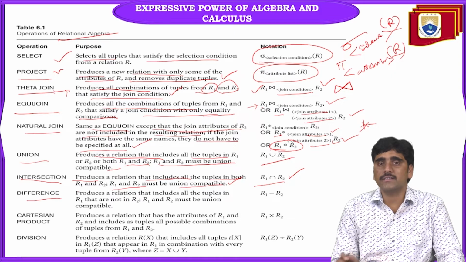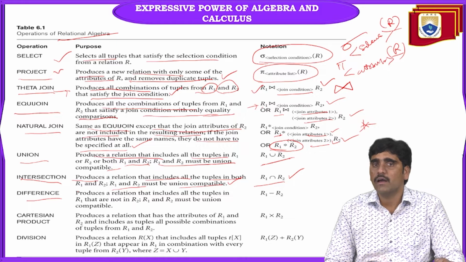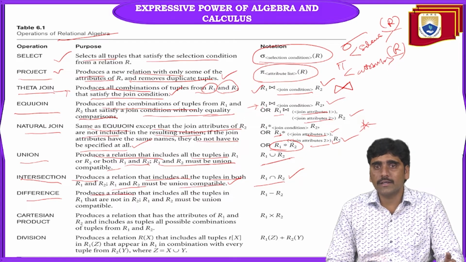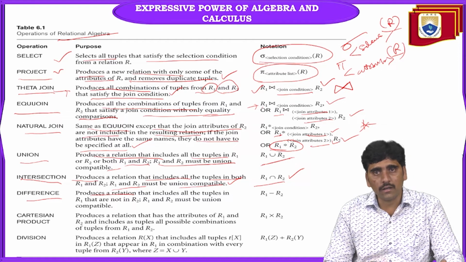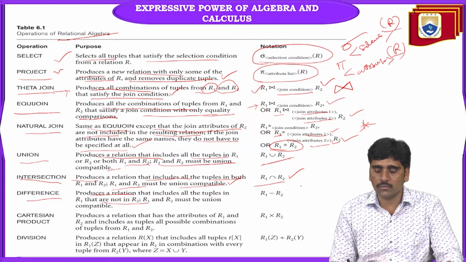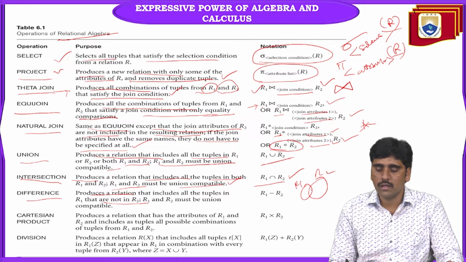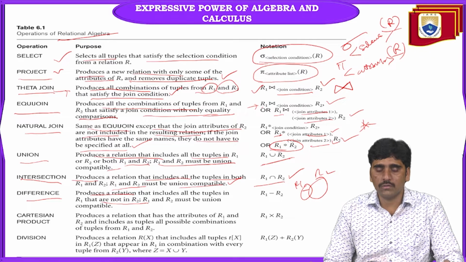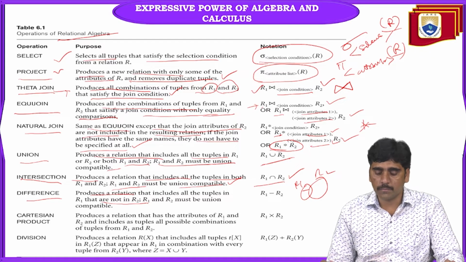Next one, difference. Difference is nothing but minus in set operators. It produces a relation that includes all the tuples in R1 that are not in R2. That is the difference operator, and R1 and R2 must be union compatible.